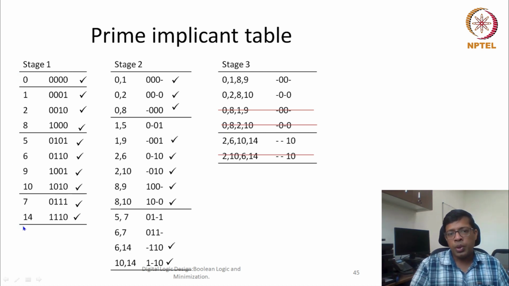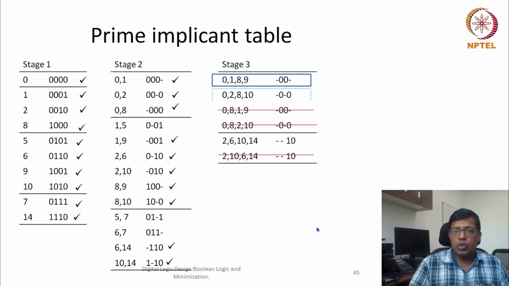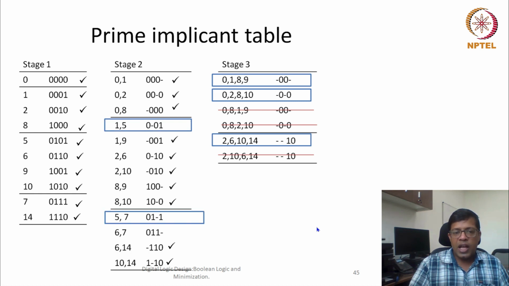Okay, so after looking at all these, now we can clearly mark what our prime implicants are. So our prime implicants are 0, 1, 8, 9, 0, 2, 8, 10, and 2, 6, 10, 14, 1 and 5, 5, 7, and 6 and 7.